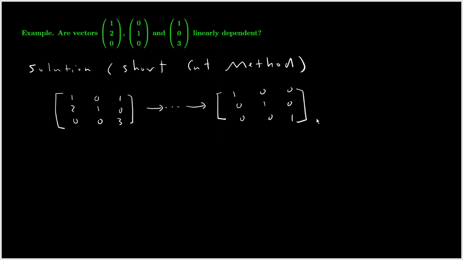Is it true that every column has a leading 1? If that is the case, then the given vectors are linearly independent. If it's not the case that every column has a leading 1, then the given vectors are linearly dependent. We'll answer the question first, and then I'm going to make the connection.